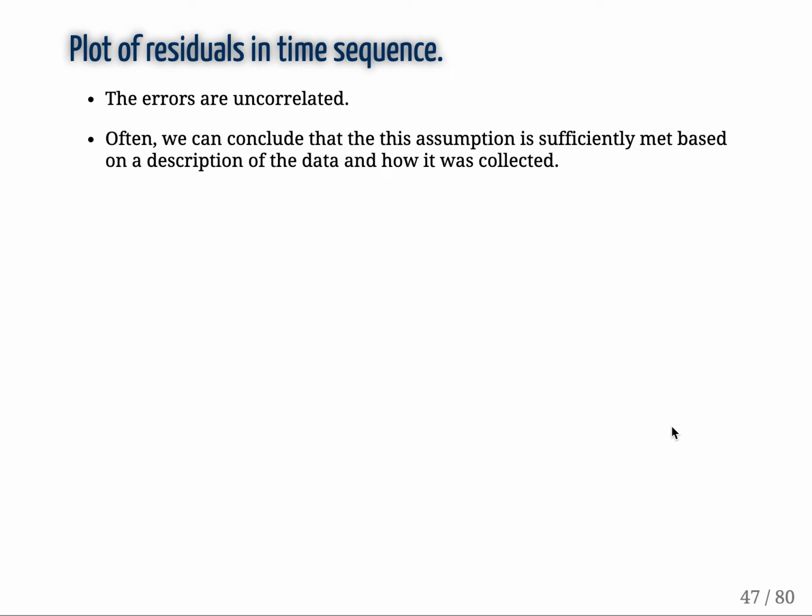That means you need knowledge of the study design or data collection in order to determine the validity of this assumption. Here, our observations are different types of occupations in Canada. We assume that one occupation does not depend on the other. So, based on that, we assume errors are uncorrelated.